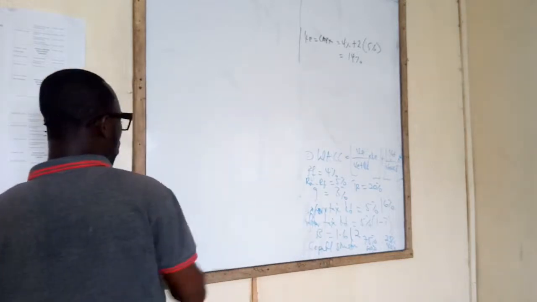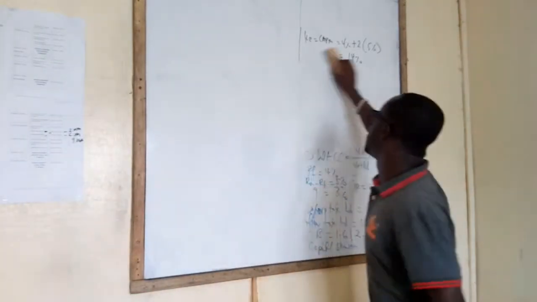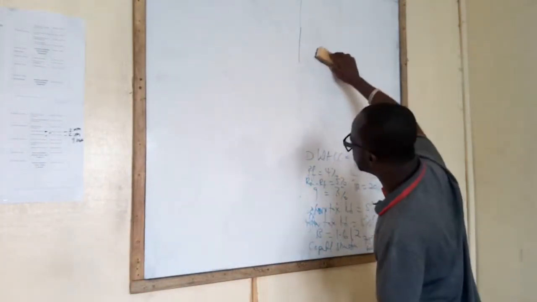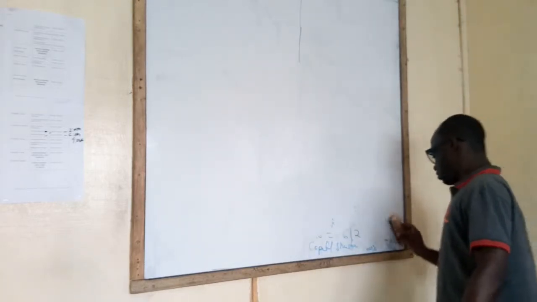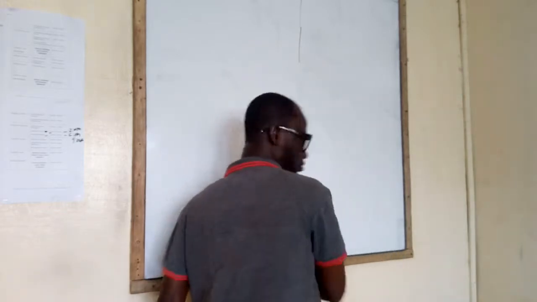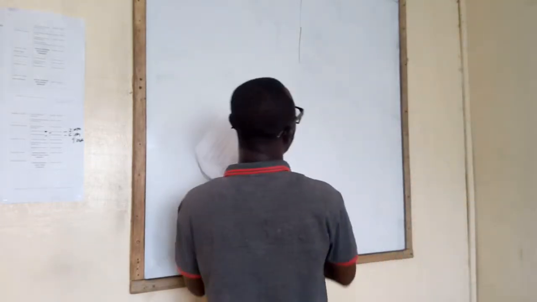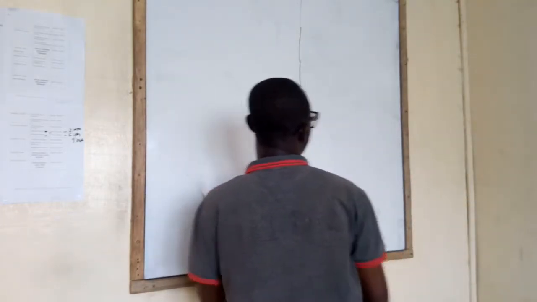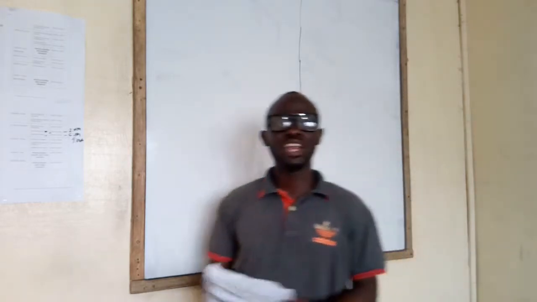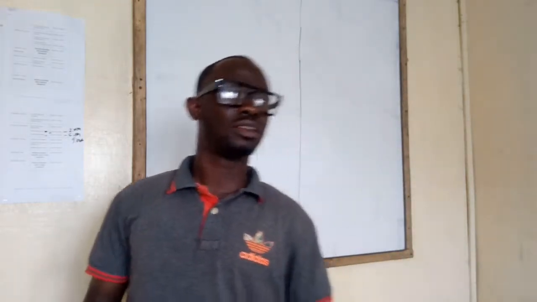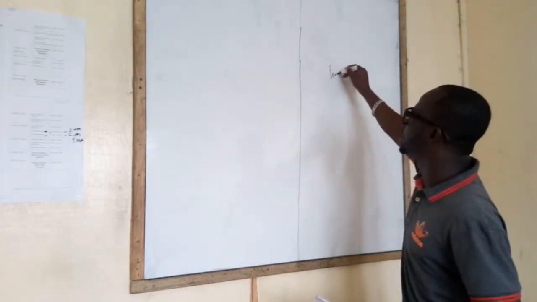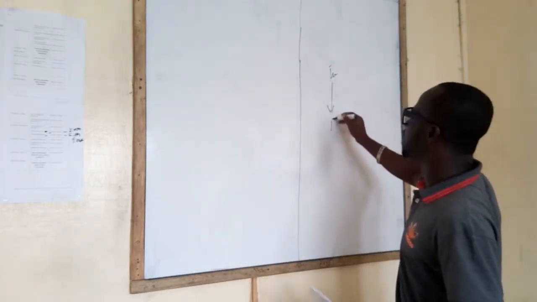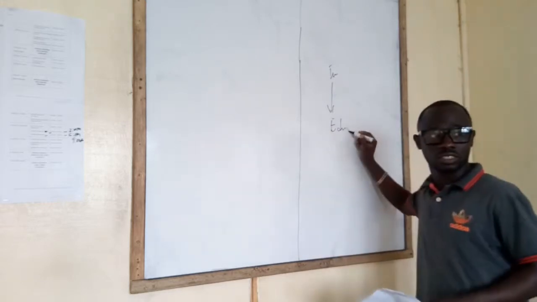Now, if you are a shareholder, what will motivate you to invest in an insurance company or in an education company? Their dividend. But beyond their dividend, what else can we talk about? Because the risk involved in the insurance business is different from the risk in the education business.